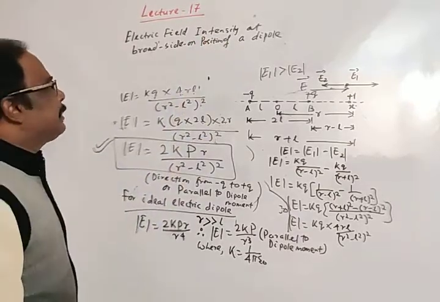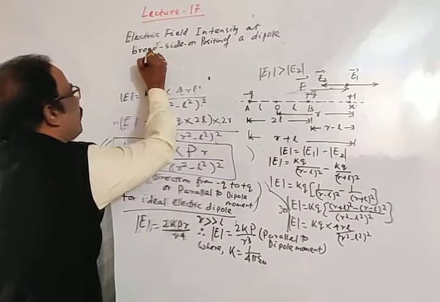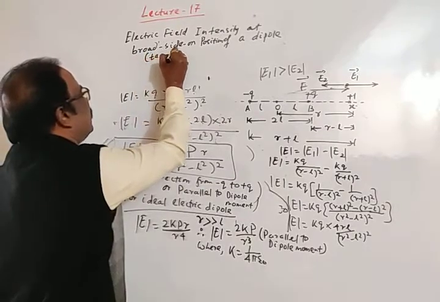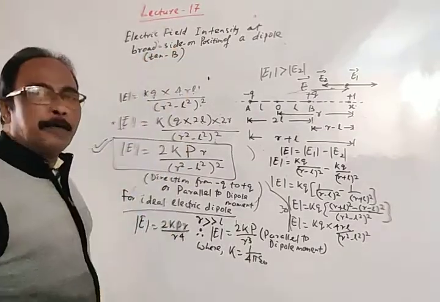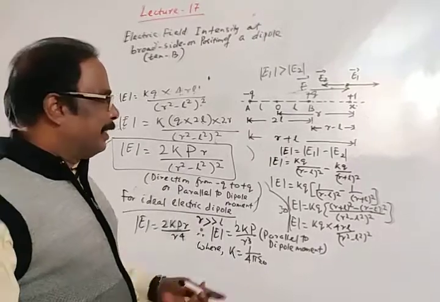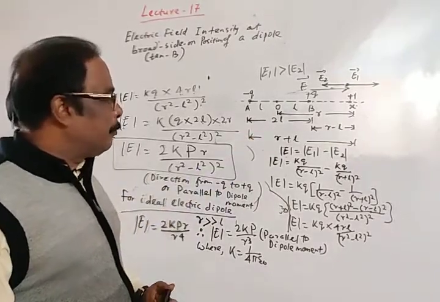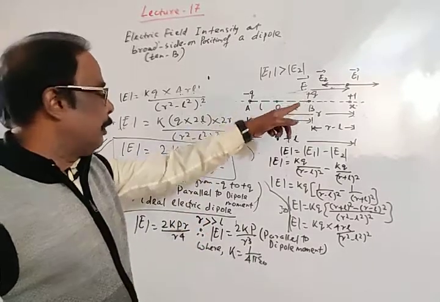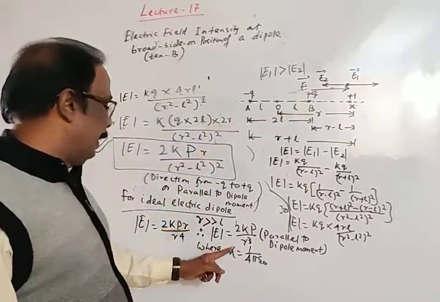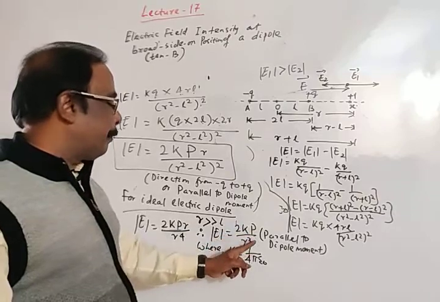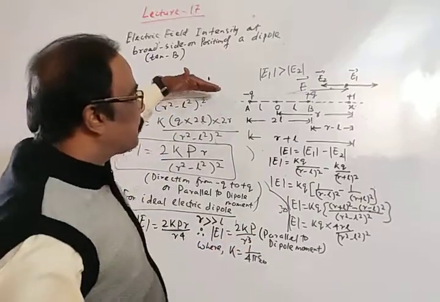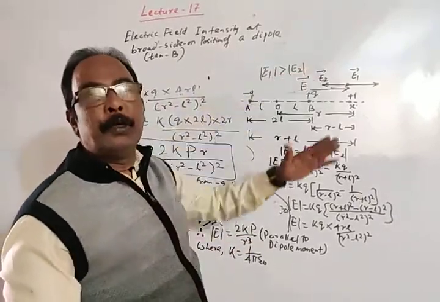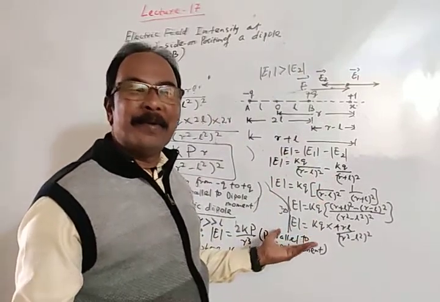Electric field intensity at broadside on position, or you may write it as the tan B position of a dipole. Okay, this is about the electric field at the end on position. As we got, the electric field intensity at the end on position due to an ideal electric dipole is 2kp by r cube, and the direction is from minus q to plus q or parallel to the dipole moment.